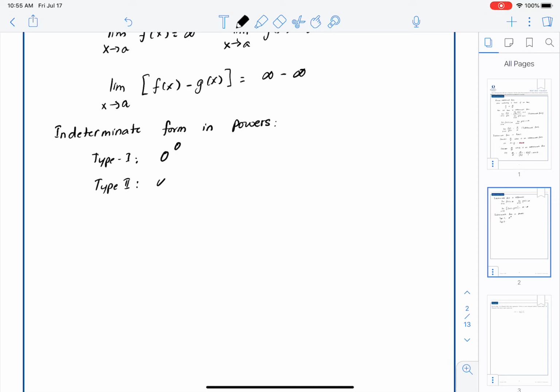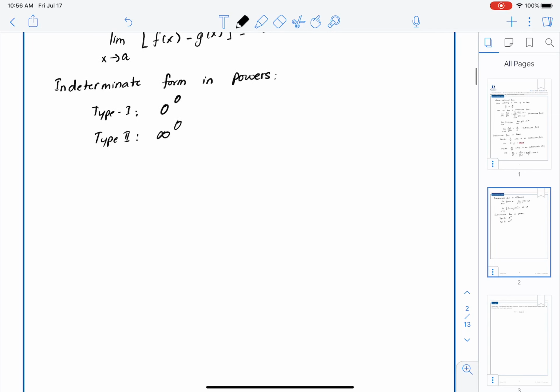Type 2 is infinity raised to the power 0. Same argument. When we do basic algebra, a large number raised to the power of 0 naturally is going to give us 1. But when we evaluate limits, we have to be careful. So infinity raised to the power 0 is an indeterminate form.